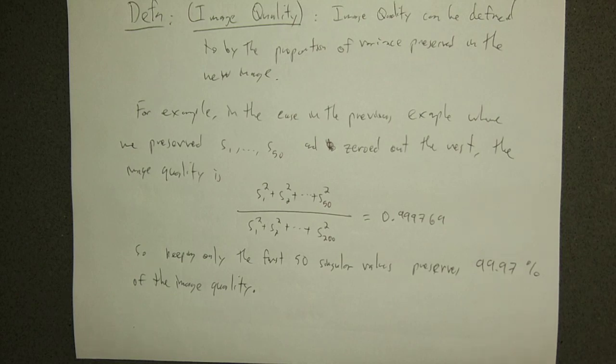If you just think naively about how much data is needed to store this, we have gotten rid of a ton of these things, right? If you had 200 singular values and you're able to get 99.97% as good of an image by tossing out all but 50 of them, that's pretty good.